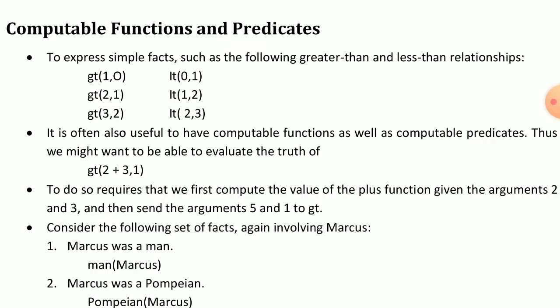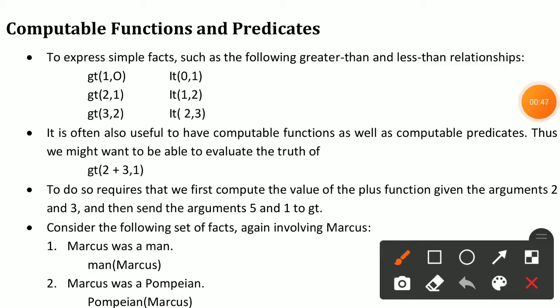In greater than, three facts are given: greater than 1, 0, greater than 2, 1, greater than 3, 2. Now in the less than relationship: less than 0, 1, less than 1, 2 and less than 2, 3. Three different facts are given.